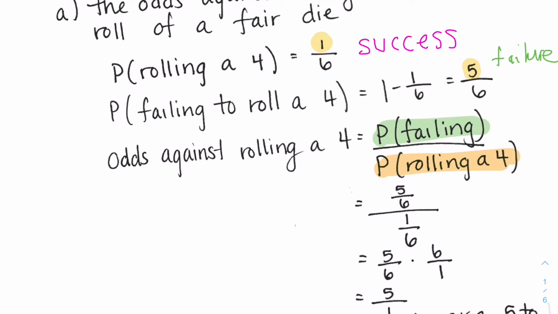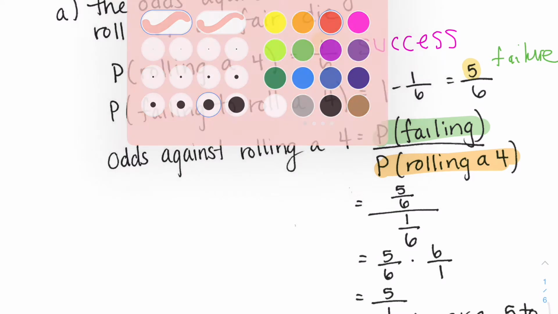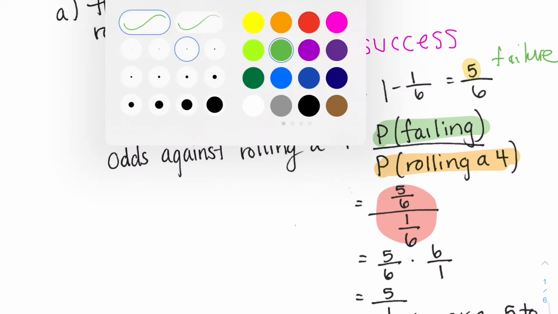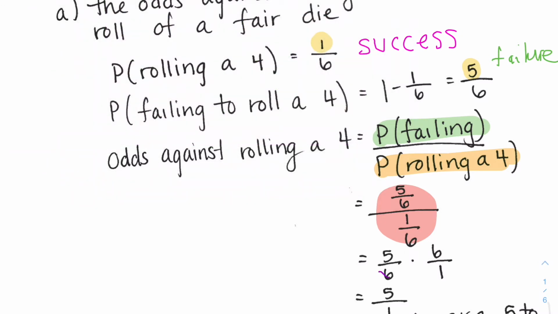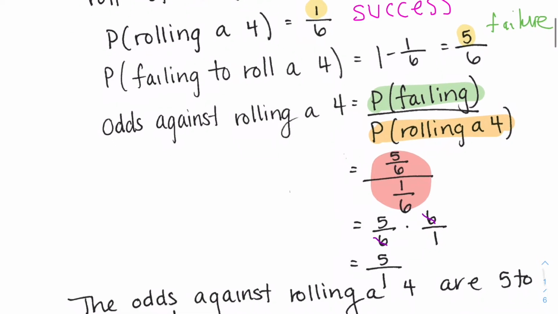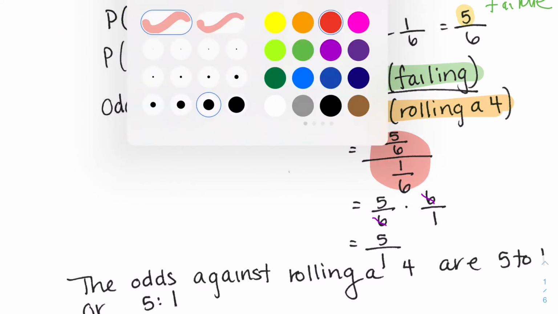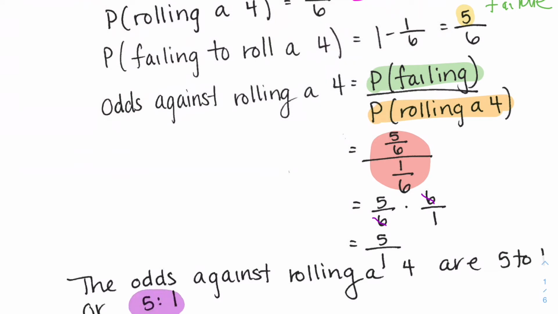Remember here, when you're dividing two fractions, it's the same thing as multiplying by the reciprocal. And then nice stuff happens because they were both out of 6 for our probabilities. Those cancel, and you get just 5 divided by 1. So the way we actually write this, the odds against rolling a 4 are 5 to 1.